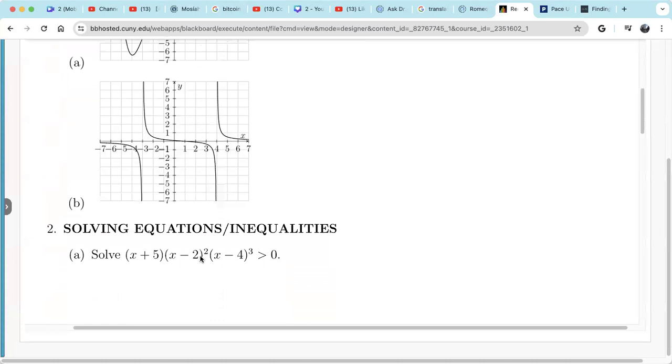Let's see, B. We know this is a rational function. Rational function means we have a polynomial in the numerator and a polynomial in the denominator. And this tells us we have an odd degree. You see this one in the first quadrant, this one in the second quadrant, and this in the middle.